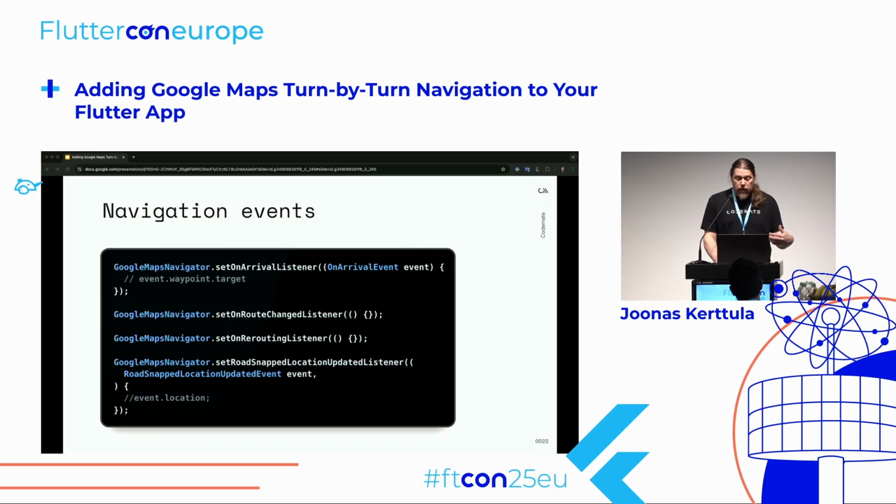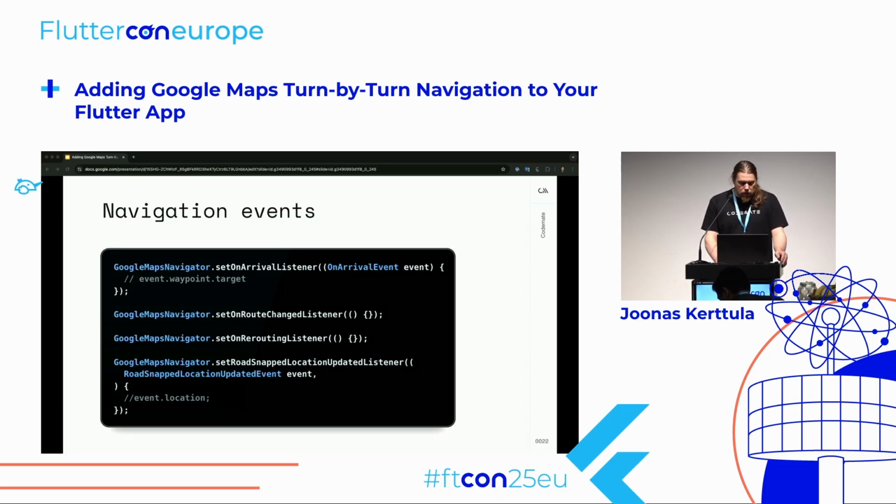And then there are methods to read the current location. Google has a separate API as well to get a road snapped location. It means that if you give the real coordinates of your user, it snaps to the closest navigable road.